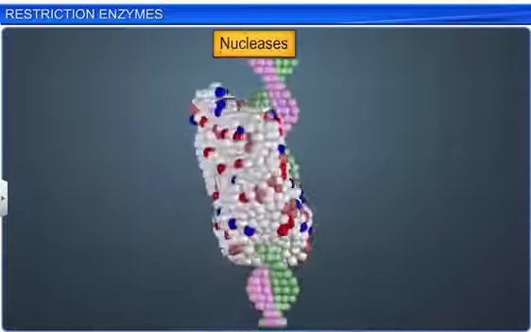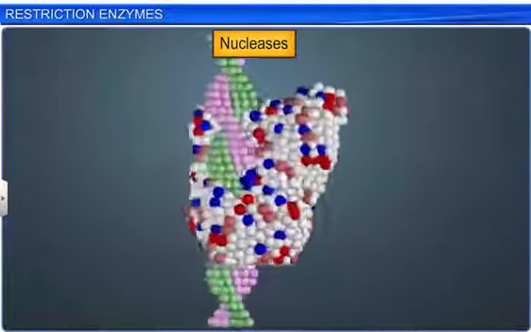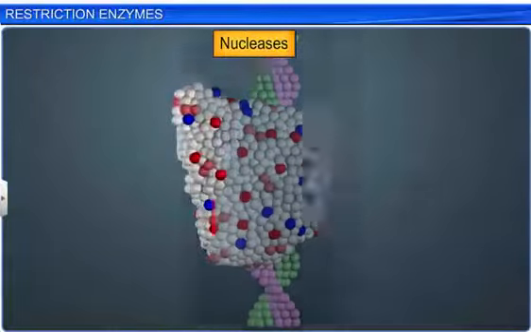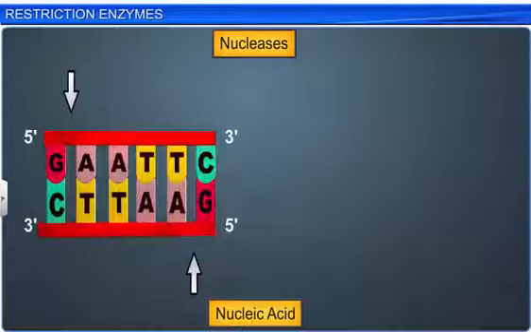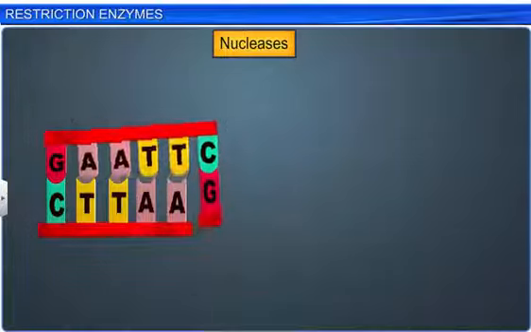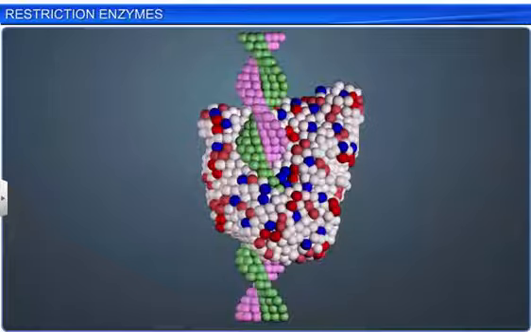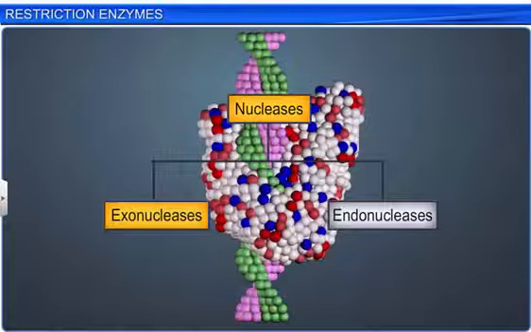Restriction enzymes are assumed to provide a defense mechanism against several deadly viruses such as bacteriophages. They belong to a higher class of enzymes called nucleases, which have the ability to cleave the phosphodiester bonds between the nucleotide subunits of nucleic acids. The nucleases are categorized as exonucleases and endonucleases.